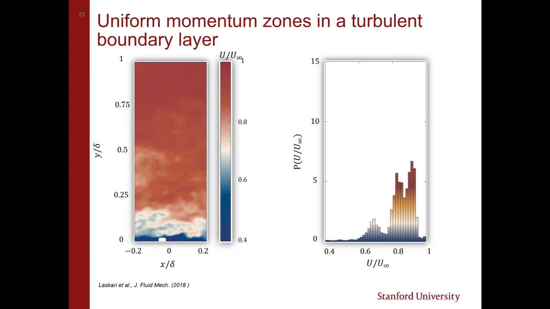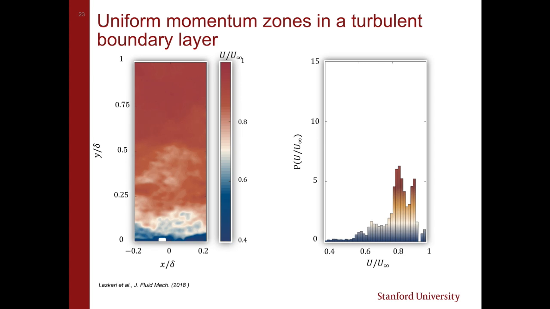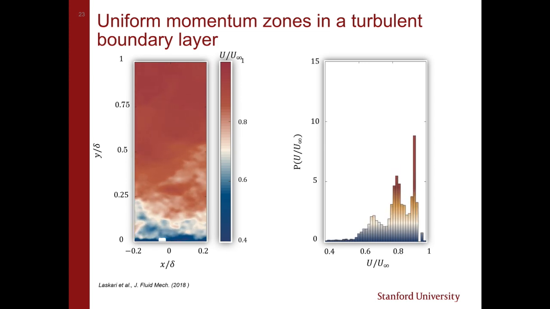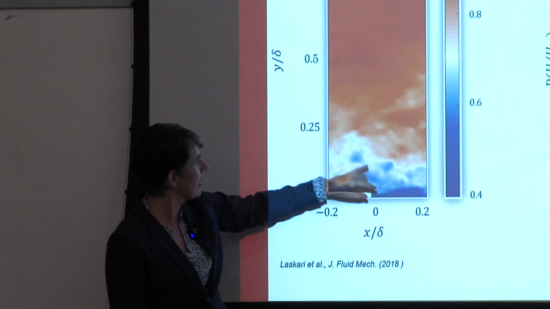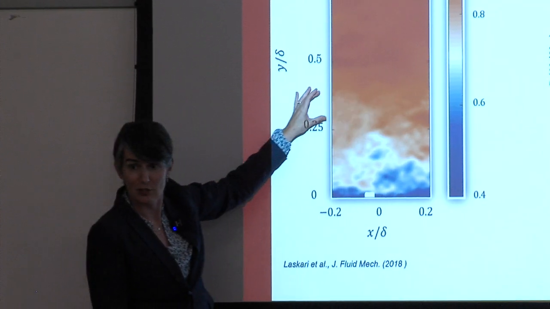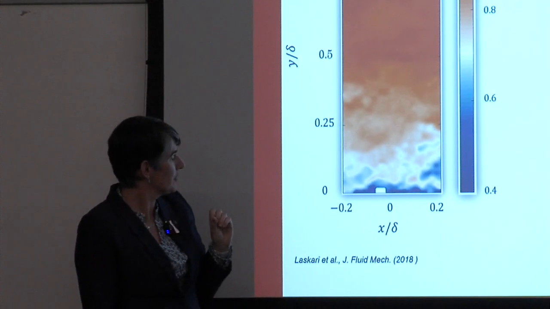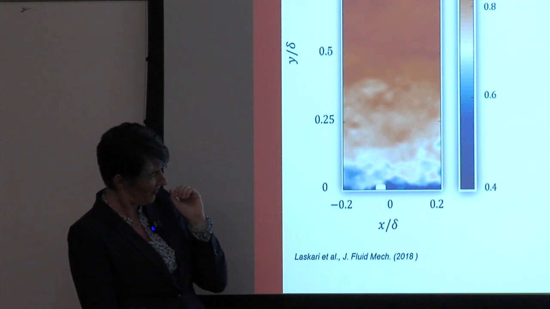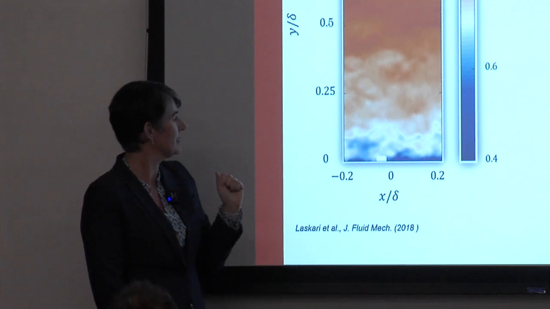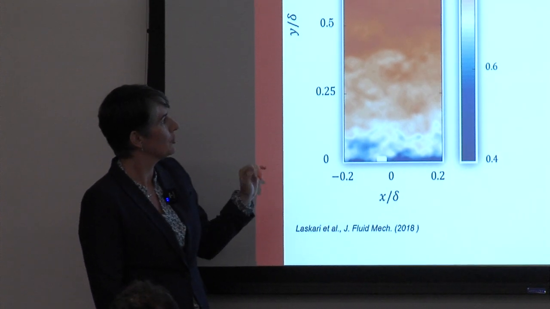If we were looking at the mean flow, I would expect to see a monotonic change in value. This is what I see instantaneously, and your eye should be drawn to regions that have the same color over extended patches in y. Several people have observed this going back 25, maybe 30 years at this point. We call these uniform momentum zones.